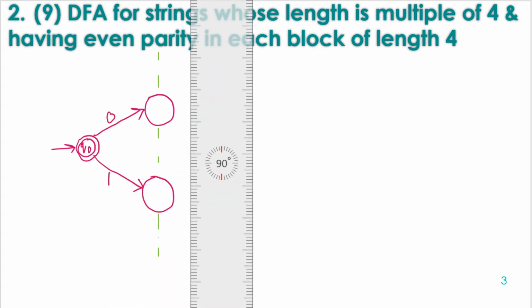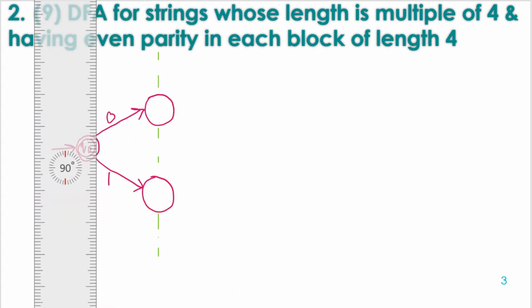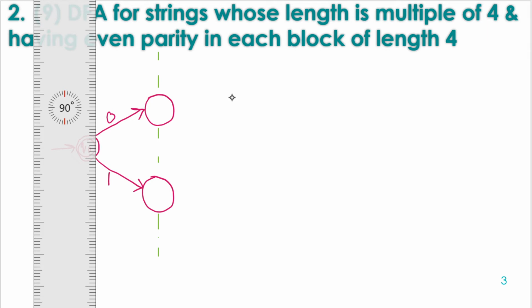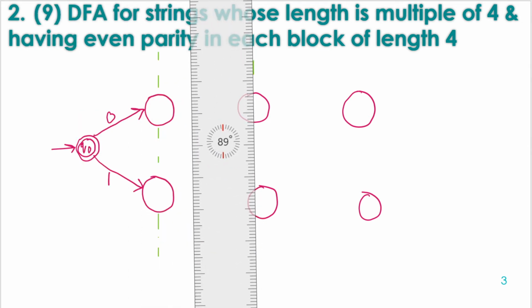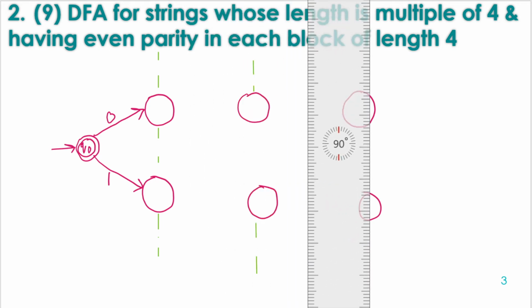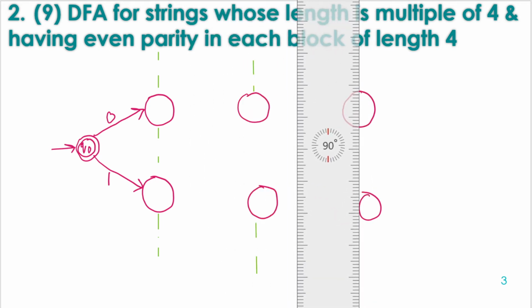Now we also need to keep track of length 2, length 3 and length 4. This is length 2, this is length 3. We need to keep track of all these lengths, because we are working with length. So this is indicating length 3, and these states are indicating length.